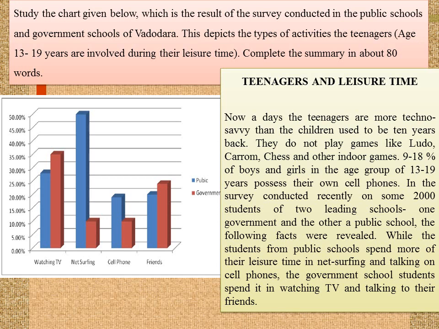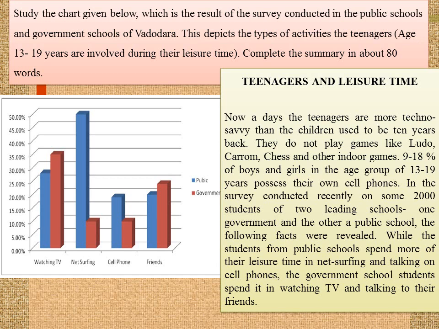Now, 9 to 18% of boys and girls in the age group of 13 to 19 years possess cell phones. In a survey conducted recently on some 2,000 students of leading schools, one government and the other public, the following facts were revealed. While the students from public schools spend more of their leisure time net surfing and talking on cell phones, the government school students spend it watching and talking to their friends.